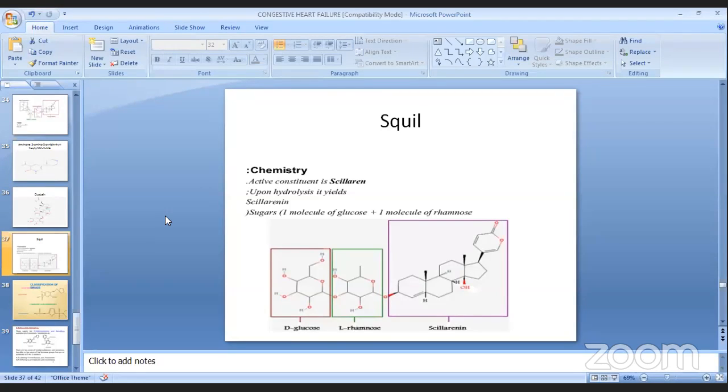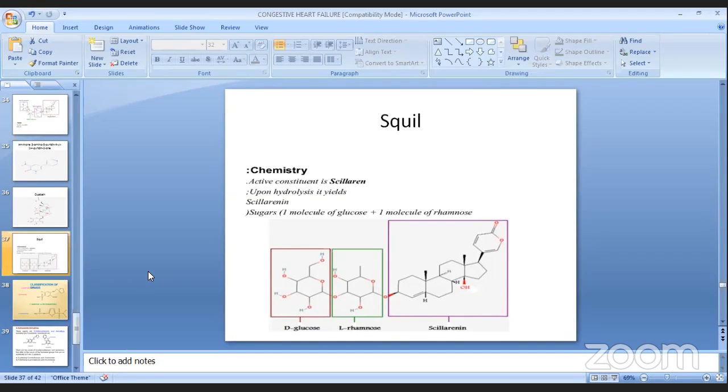In the three position there are two sugar molecules, one is glucose, one is rhamnose, and in the 17th position there is a six-membered pyranone ring, not five-membered. That is known as squill. Scillaren is used, but this squill is not at all used because bufadienolide is very much poisonous.